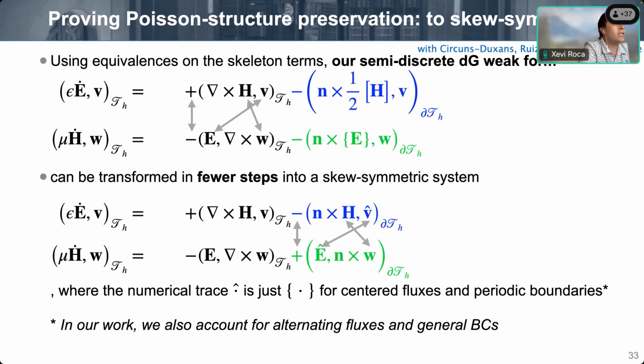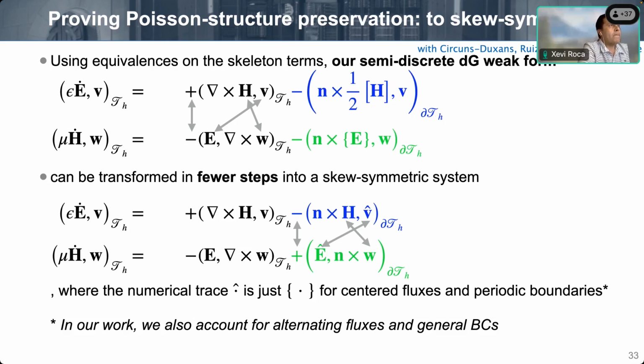Now I have an H that goes with a W, and both are accompanied by the curl, and then you have a V that goes with an E. So you have a pairing and an alternate sign. So actually, this is anti-symmetric. But then you have two skeleton terms, one in blue and one in green. And here you are not going to be able to see any anti-symmetry directly, because you have a minus, and then H and W play different roles and B and E play different roles.